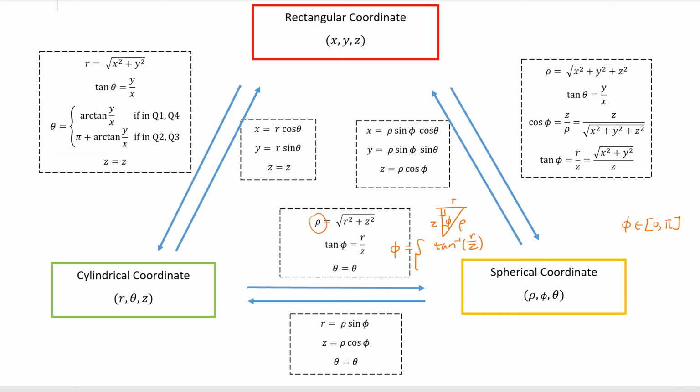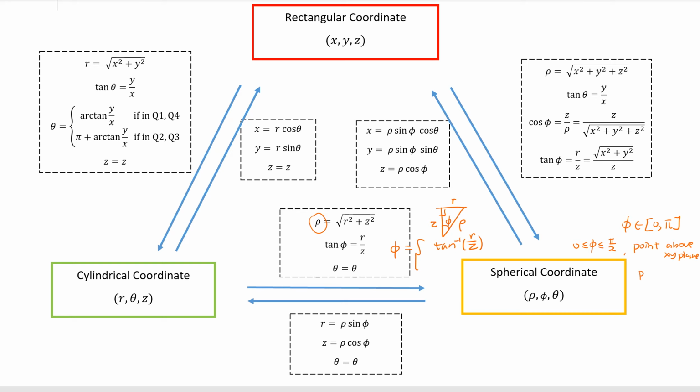If the point is above the xy plane, phi is between 0 and pi over 2.